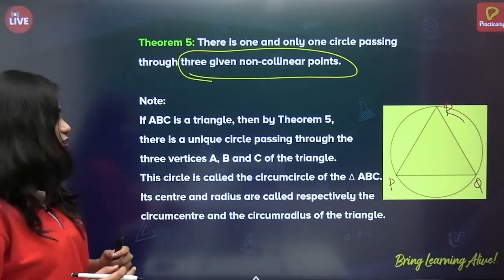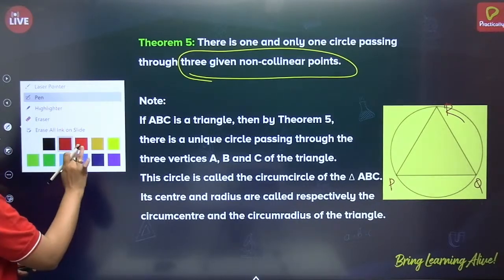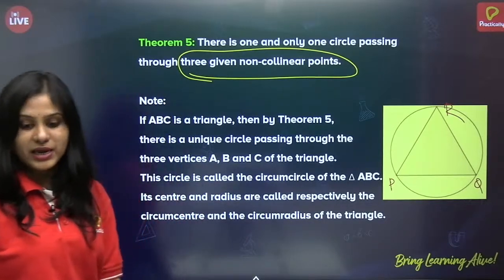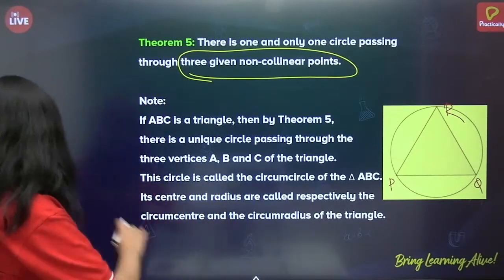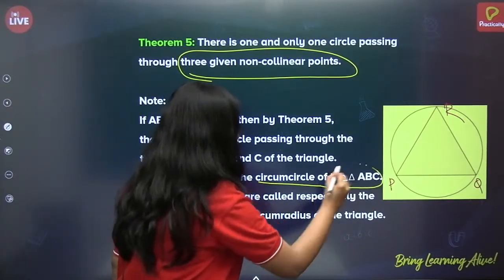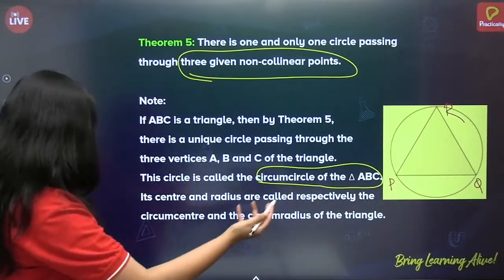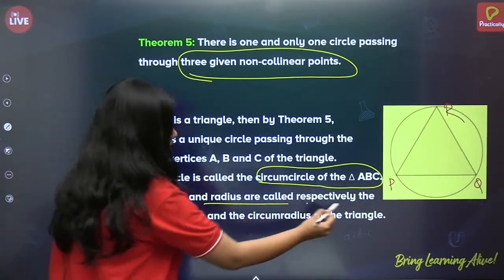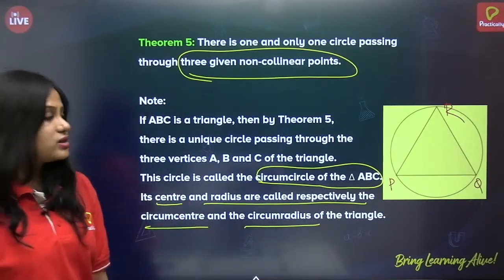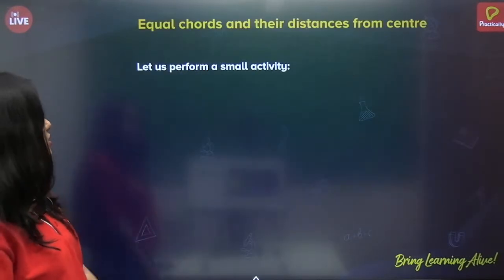This circle is known as circumcircle, and the center is known as circumcenter, and the radius is circumradius. Okay, these are just the points you have to remember. This is the circumcircle of the triangle PQR, and its center and radius are called circumcenter and circumradius. Okay, this is just a point to remember, nothing else to prove in this.